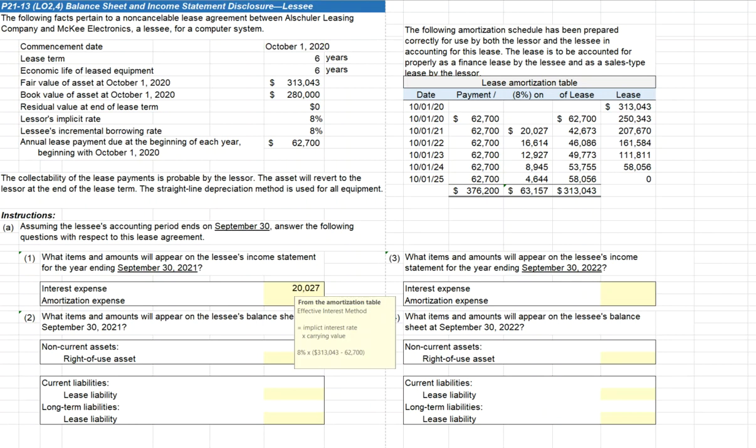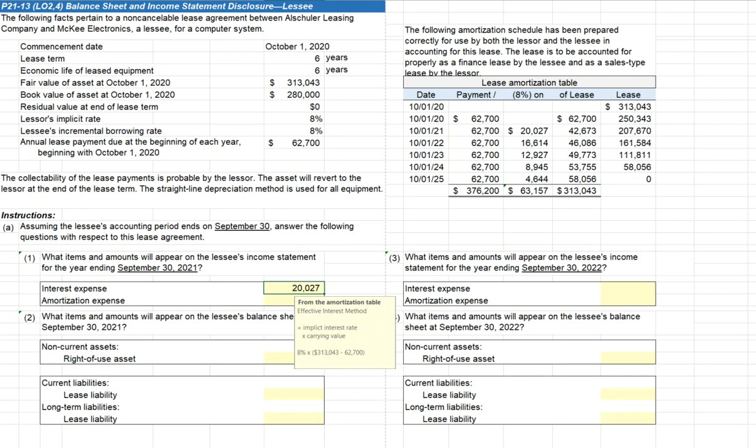Our interest expense easily comes from our interest amortization table, and that would have been our initial lease amount of $313,000 minus the principal payment or lease payment we made at the inception of the lease, which brought us to a $250,000 balance times our 8% interest rate.